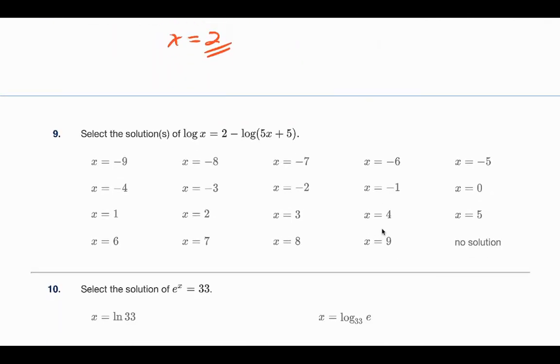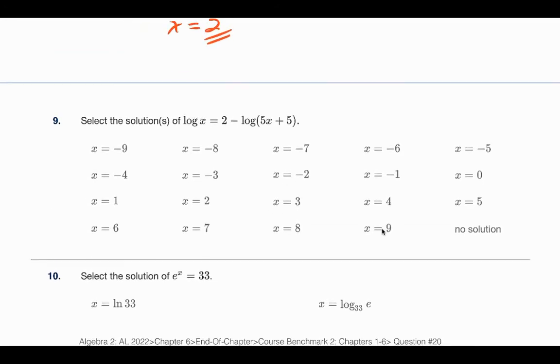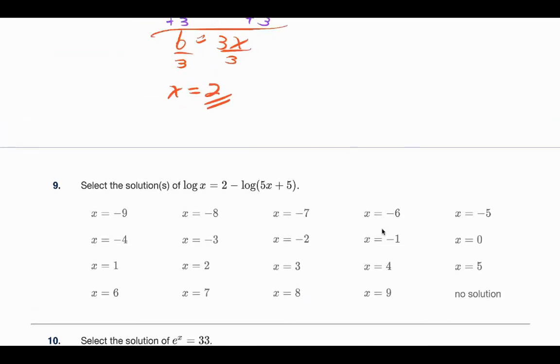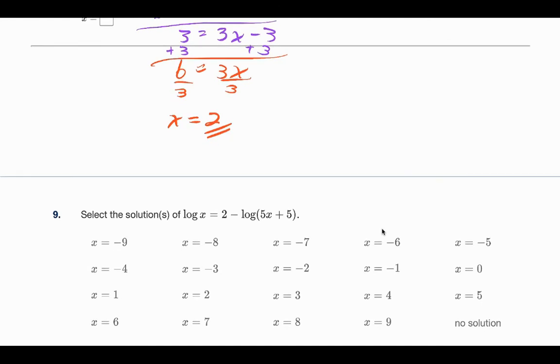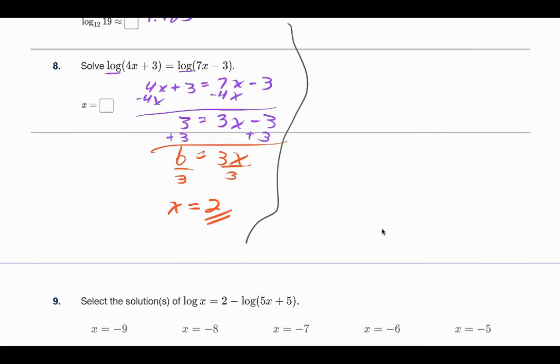Let's see. Number 9. Select the solutions of log x is equal to 2 minus log of 5x plus 5. So we're going to do the same thing here, and I'm going to need a lot of room, so I'm going to use all of this part right here.